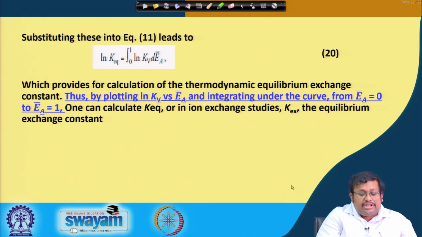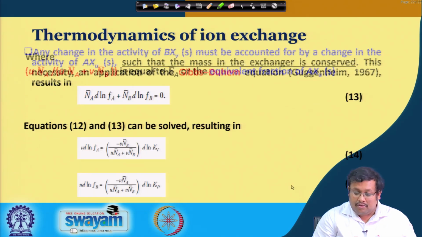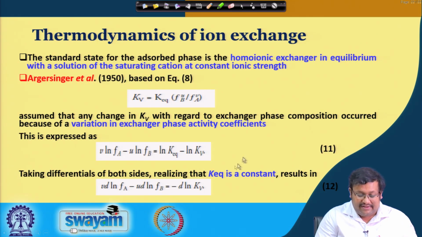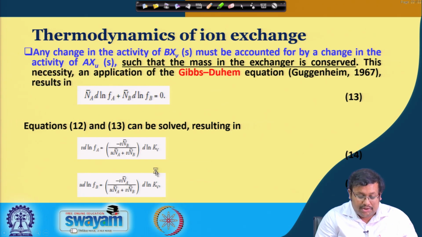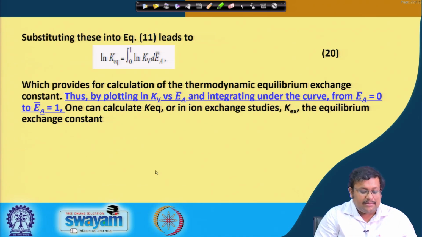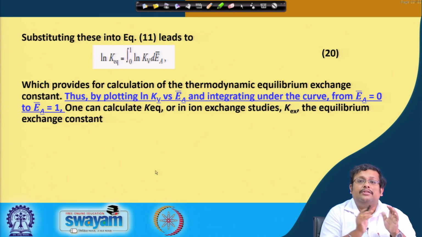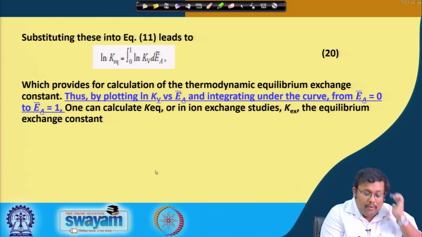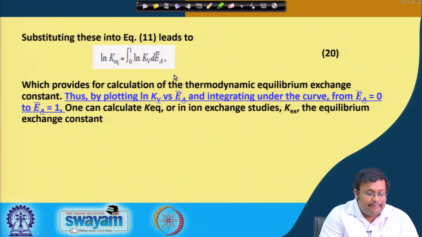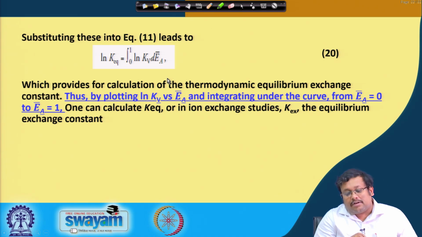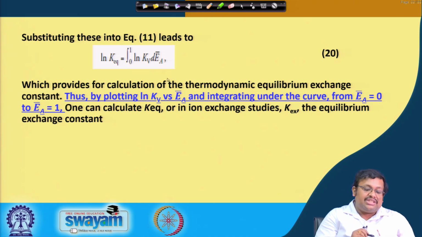Substituting equations 18 and 19 into equation 11, which we started by taking the logarithm of the Vanselow equation, we will get this final value, which provides for the calculation of the thermodynamic equilibrium exchange constant.